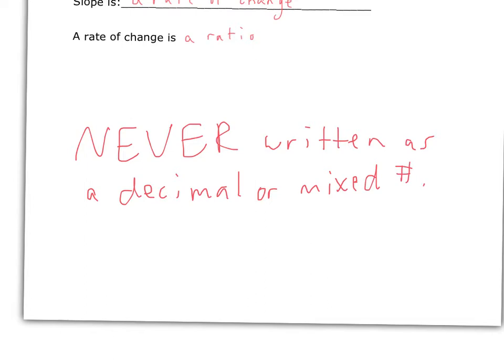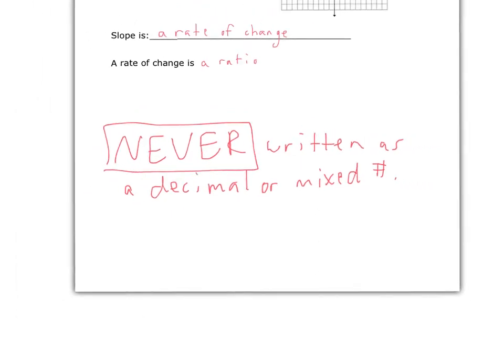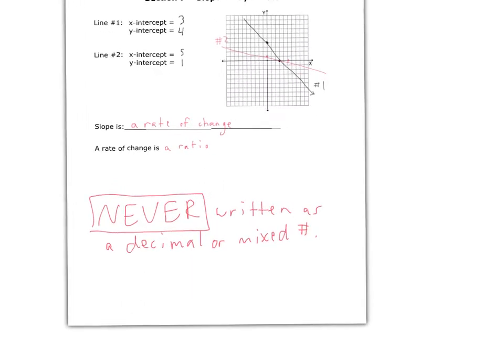Okay, so slope is never, I repeat, never written as a decimal or a mixed number. Make sure that you know that it is either a fraction or a whole number. It is not a decimal or a mixed number. Very important. Okay, so here's a little review, a couple of definitions for you. Make sure you have that down for me.